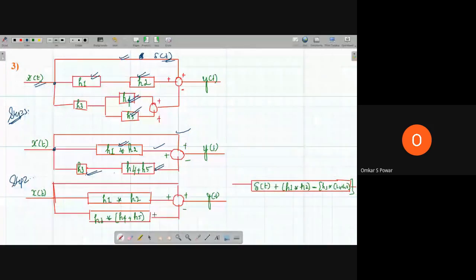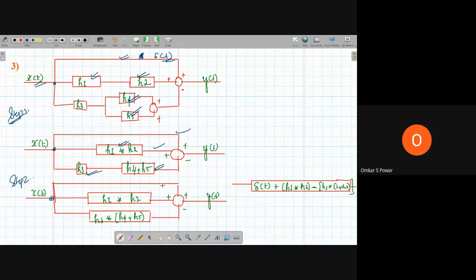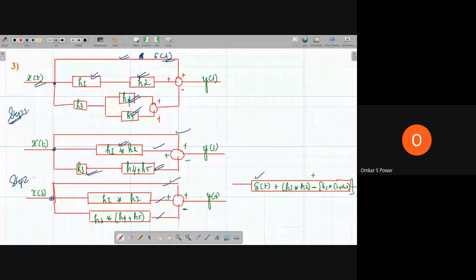So these three we have done, and all these three are in parallel. So see the sign properly. You have plus here and minus for the last term. So it is del of t, for the first line plus h1 convolved with h2 minus h3 convolved with h4 plus h5. So do this step by step so that you will not miss and you will get complete marks.